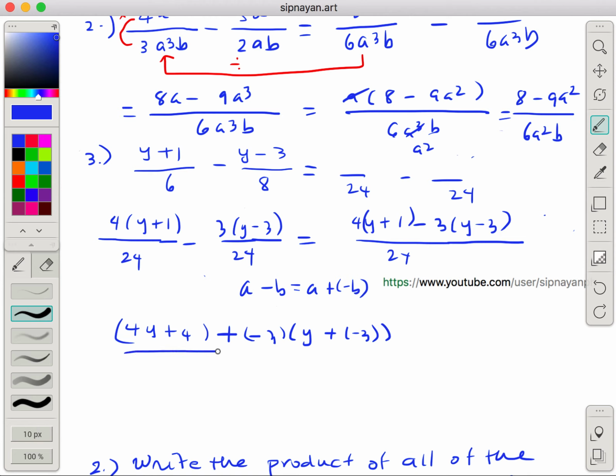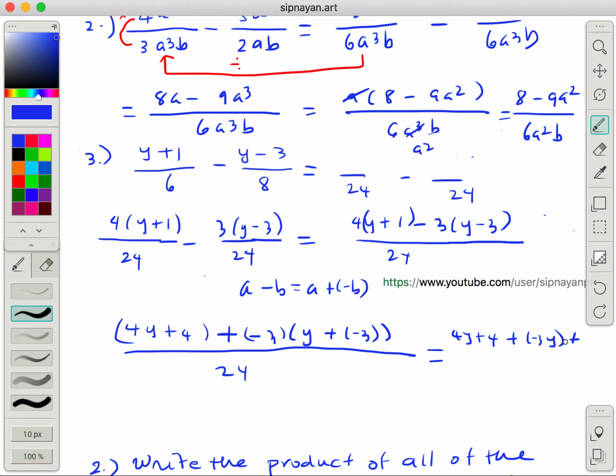So, over 24. We have no problem here because it is plus. So this is 4y plus 4. Then, what is negative 3 times y? This is negative 3y. This is plus negative 3y. And then, what is negative 3? We make it plus here. What is negative 3 times negative 3?